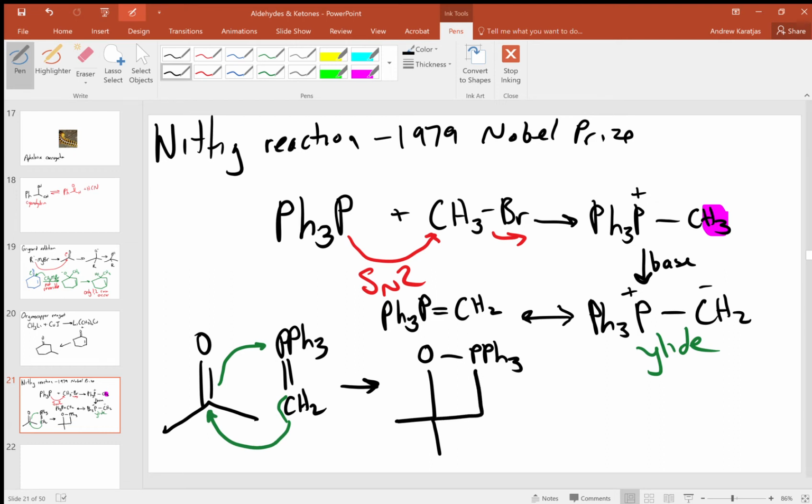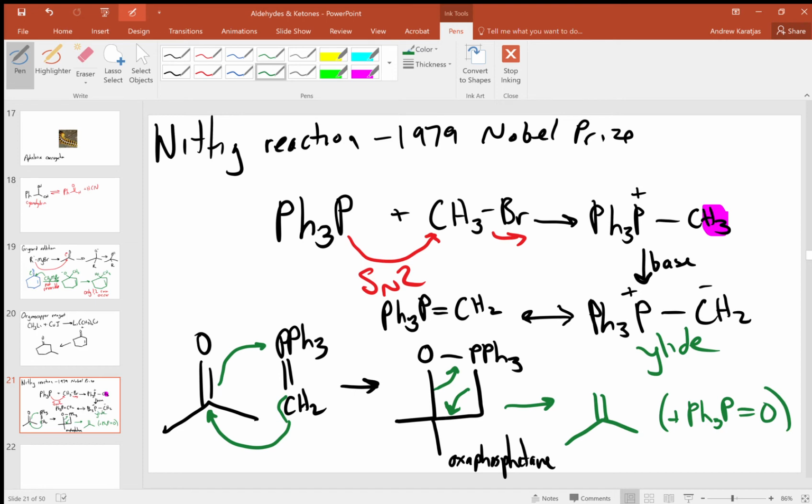This four-membered ring here is known as an oxaphosphetane. And from here, the four-membered ring can break down in a different way from how it formed. And that gives us our alkene plus triphenylphosphine oxide.